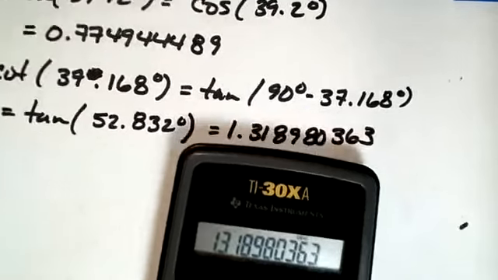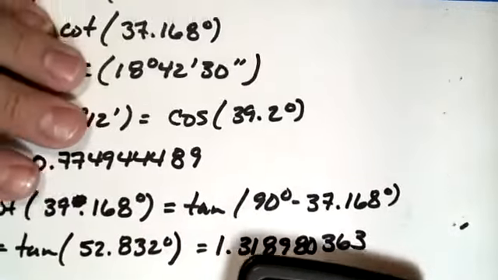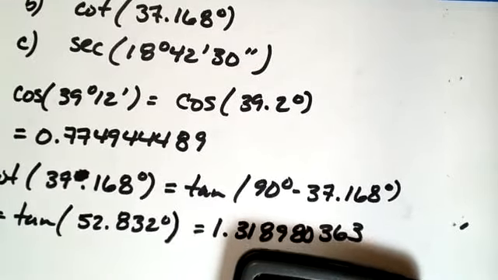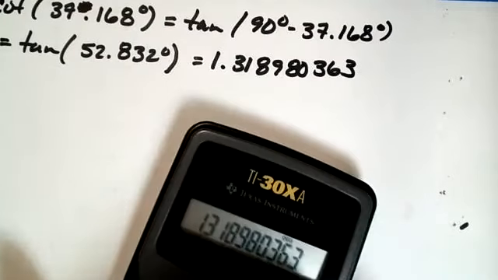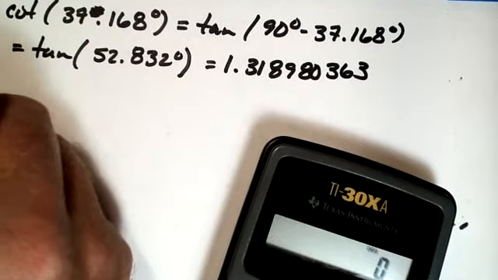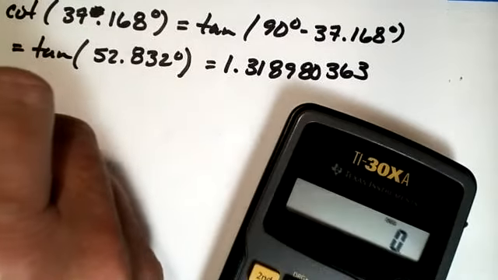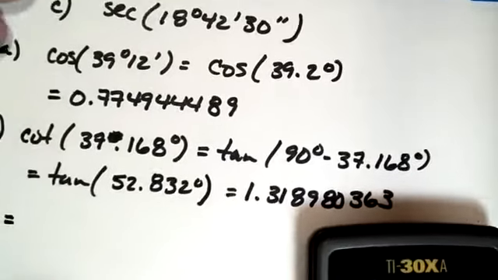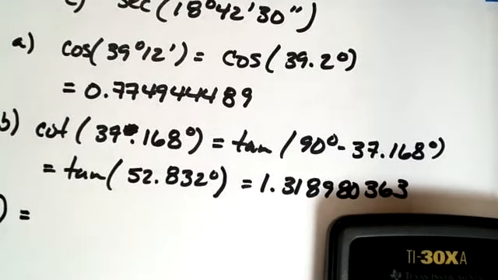Now, I'm going to combine both of these in the last problem, where we have to do not only a conversion, but also some kind of a fundamental identity as well. So let me just do some things involving fundamental identities. We need to be able to write that as either a function of sine, cosine, or tangent of some specific angle, and it needs to be in decimal degrees.